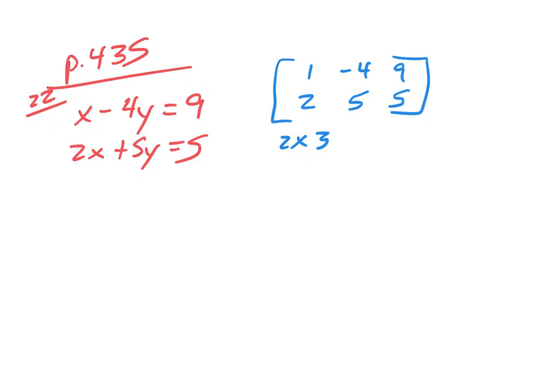Okay, and then once you have it typed in, you're going to go back to matrix. You're going to go to math, and you're going to do RREF. What that stands for is reduced row echelon form.